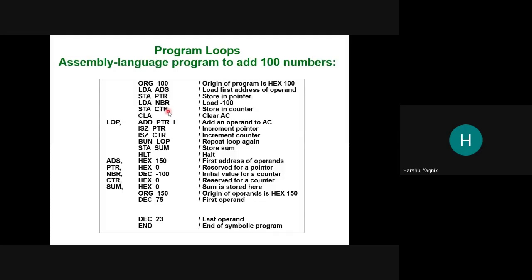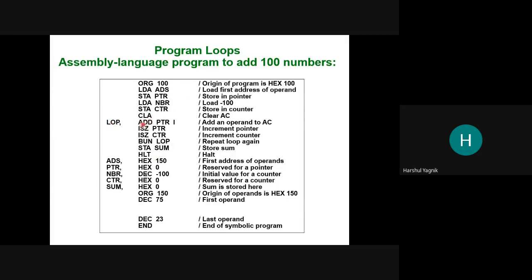Over here, LOP is written. LOP stands for loop, the loop of the program. Remember, this is a symbolic program. This is not the binary code. So in the loop, our first instruction is then to add an operand to the accumulator.